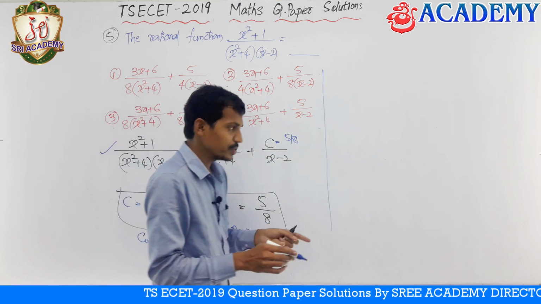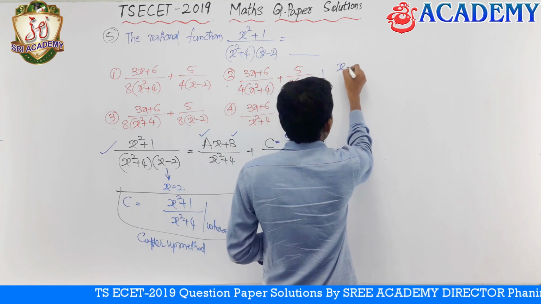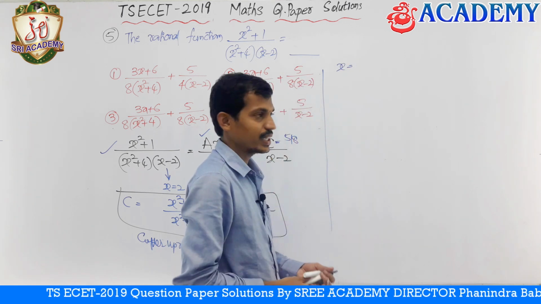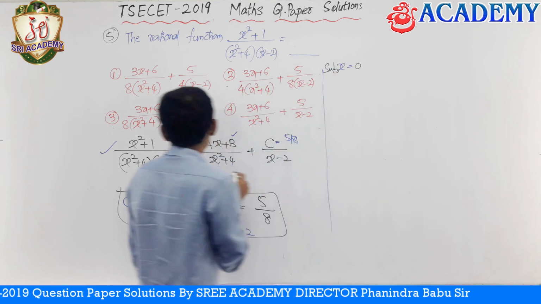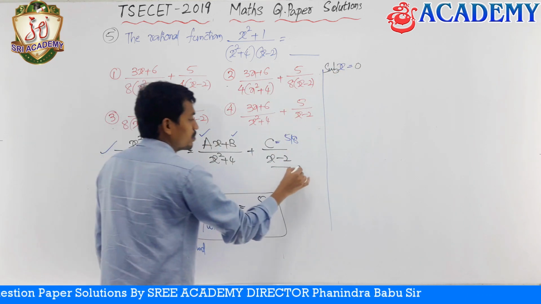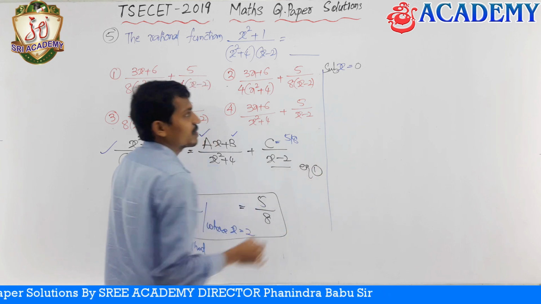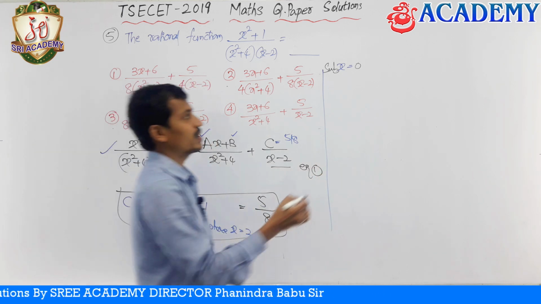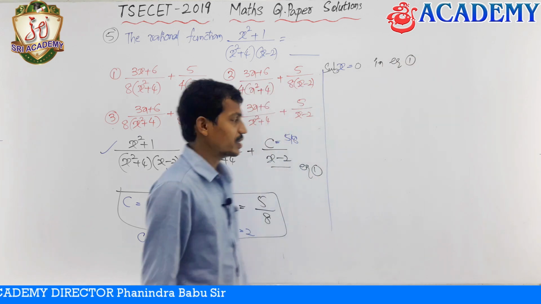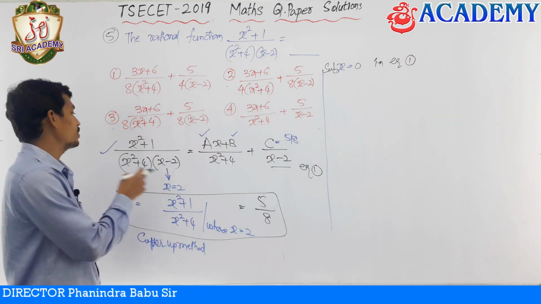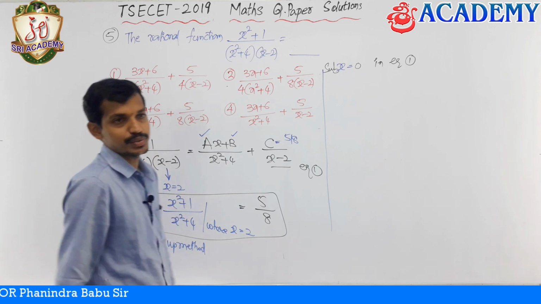To solve 2 unknowns, 2 equations are required. What I am doing is taking one value, x equal to 0. In equation number 1, substitute x equal to 0, wherever x is there, substitute 0.